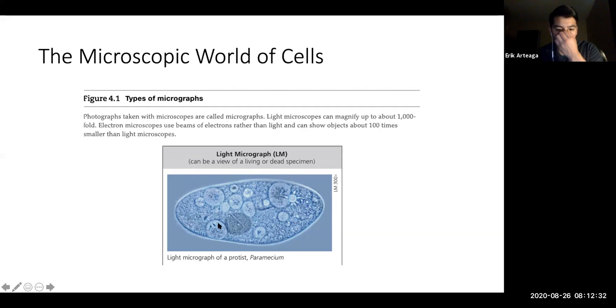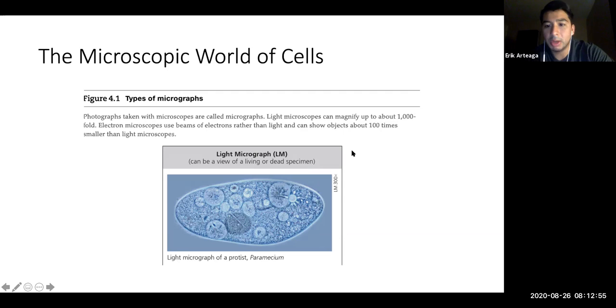And how can you tell this is a eukaryote? Well, one of the main things is that you can see individual organelles. These are individual pockets of what appear to be vacuoles and nuclei and things like that that are present in this cell, okay? But again, photographs taken with the microscope are called micrographs.